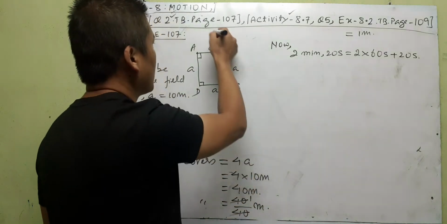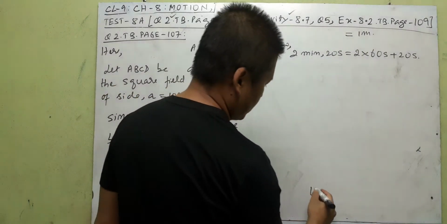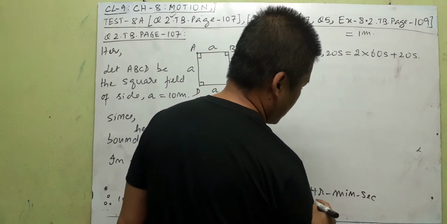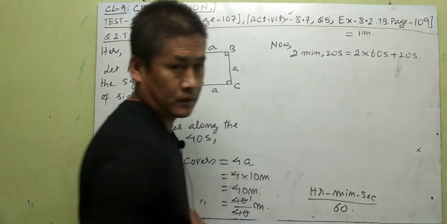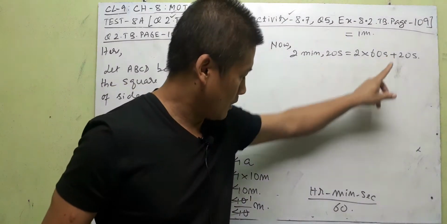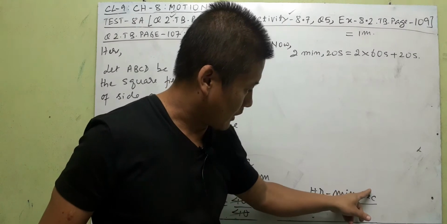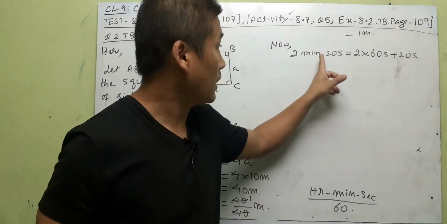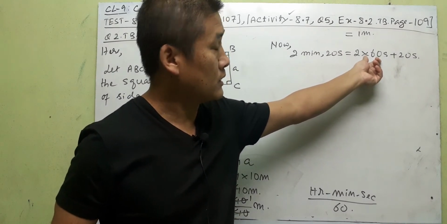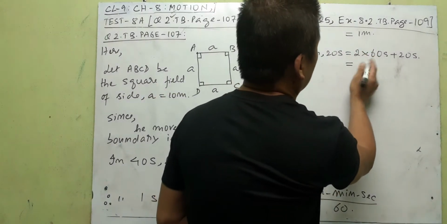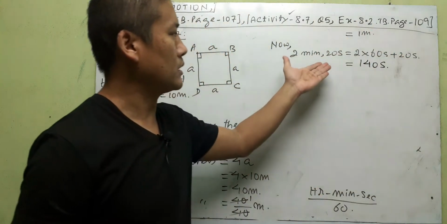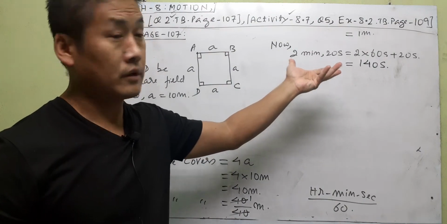See here, the conversion factor for time is hour, minute and second, and we know that the conversion factor is 60. So if you want to change this minute to second, then you're moving one place to the right, big to small, so multiply by 60. 2 minutes into 60 is 2 into 60 second. So that will be 120 plus 20, 140 seconds. So 2 minutes 20 seconds is actually 140 seconds.